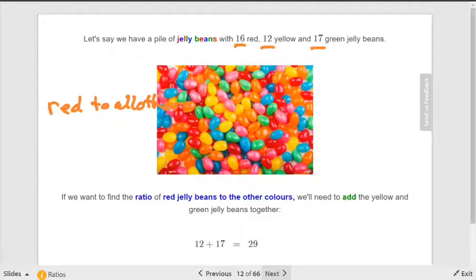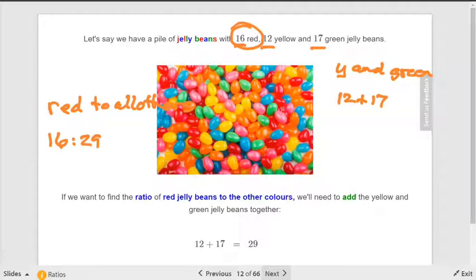So in this case, I'm only comparing one color, but how many other colors were there? Two. Yes. So isn't it 16? Right, so we know how many red there are. How many red are there? But we have yellow and green. So what am I going to need to do in order to find those? Simply add them together.